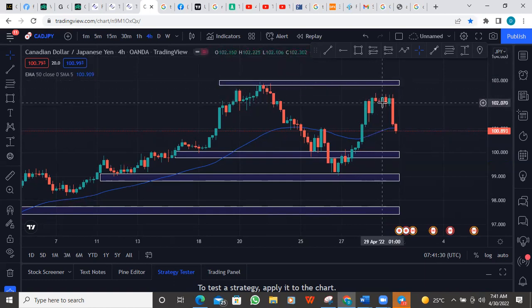Then we add another 4 hours, 8 hours, and 12 hours. So for about a day and a half, the market has been consolidating. This tells every trader that there is a major resistance zone. Something is resisting price from going up to this zone.